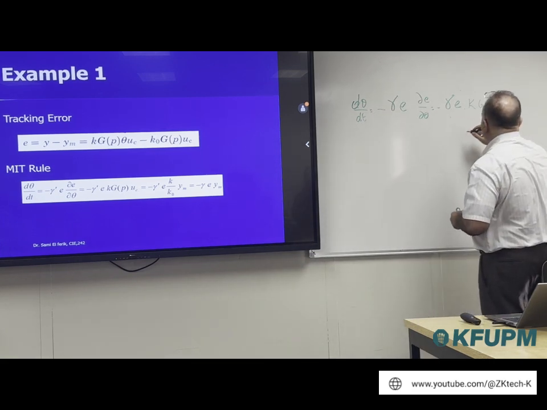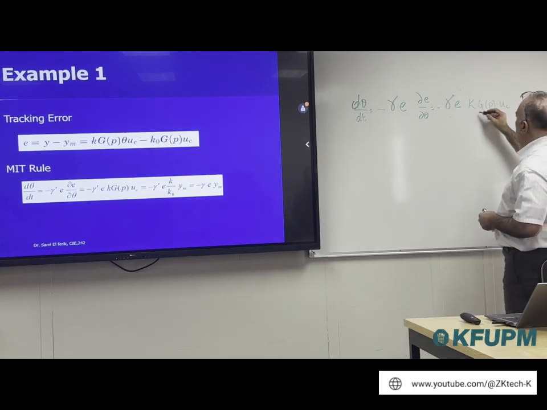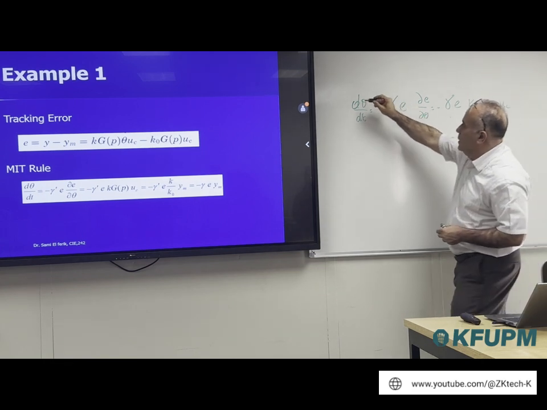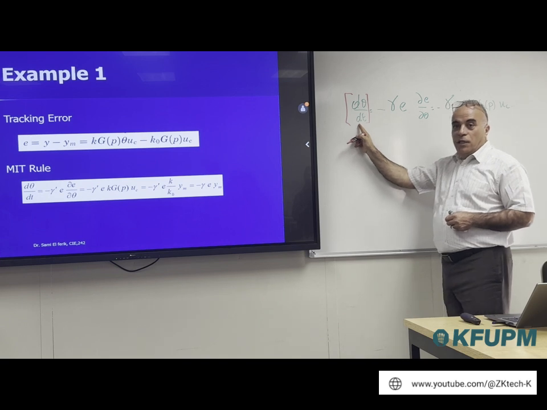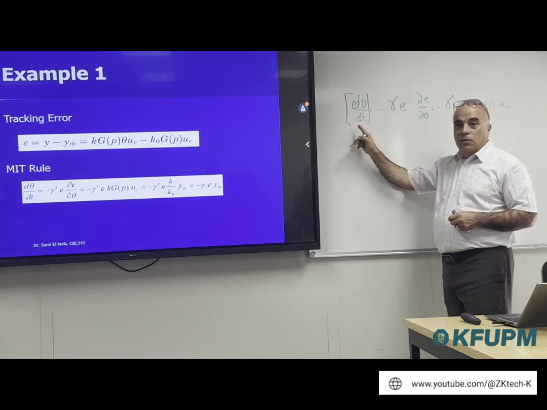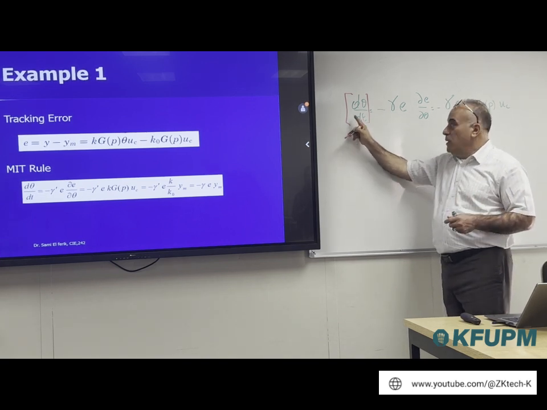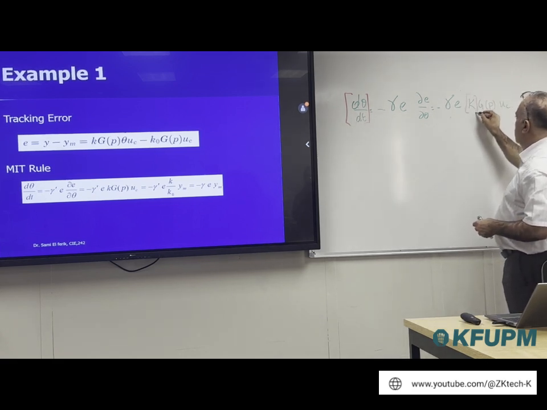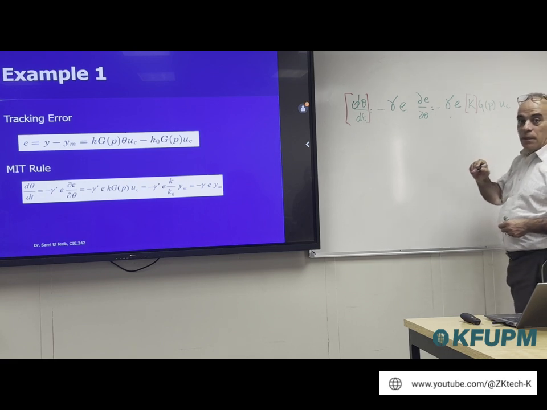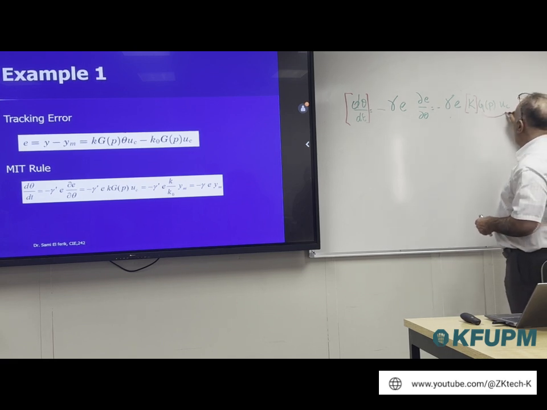The issue that we have is that in this change of theta, the change of the parameter that I need to put on the controller varies with respect to time, but it's a function of k, which I don't know, right? And it's also a function of GP convoluted with UC.